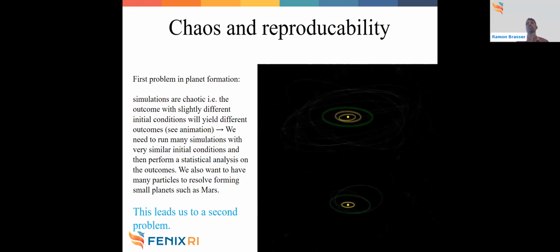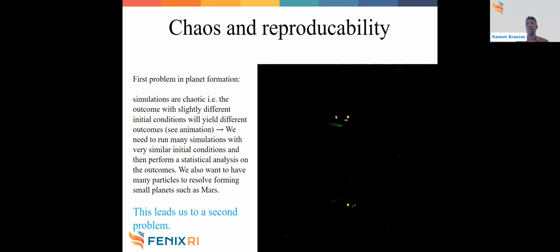And then, of course, you can say, well, hang on, so how do we know which one is correct? And the question is, they're both correct. So here I have three planets, here I have three smaller planets, and I have another one that is going around somewhere here. Both are correct, according to the model, but whether they comport with the systems that we observe, that is another matter. But it shows you that if I run just one simulation and I get some outcome, that is not sufficient.